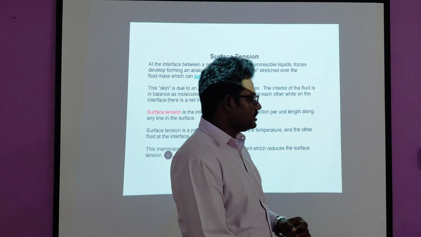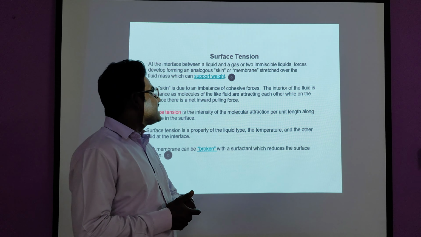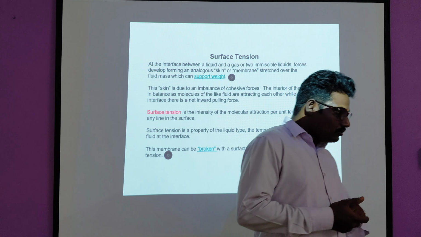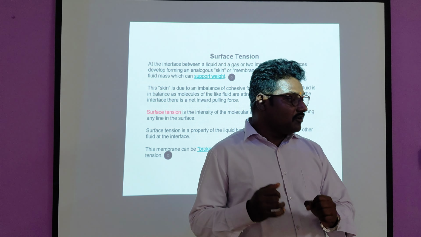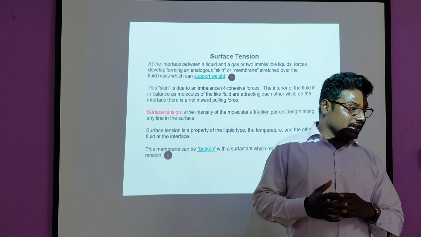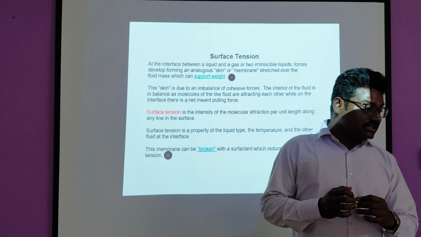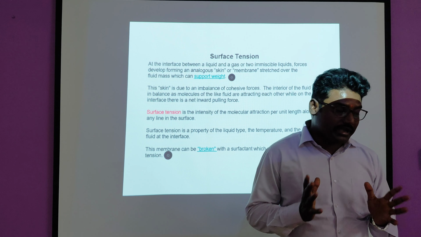See, surface tension. What is surface tension? At the interface between a liquid and a gas, or two immiscible liquids, forces develop forming an analogous skin or membrane stretched over the fluid mass which can support weight.